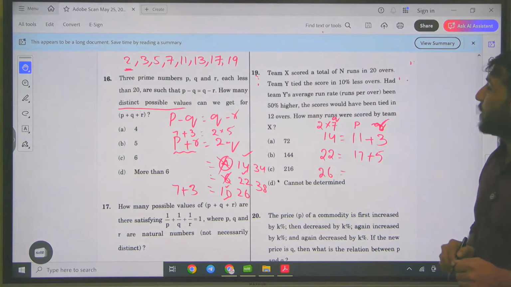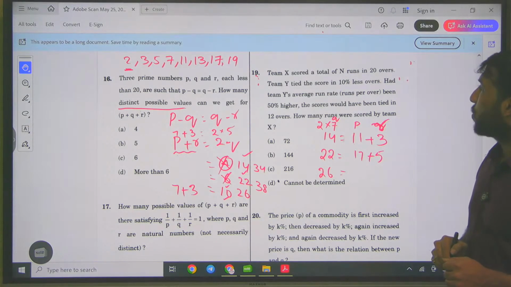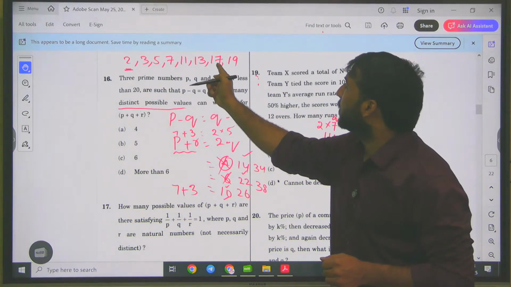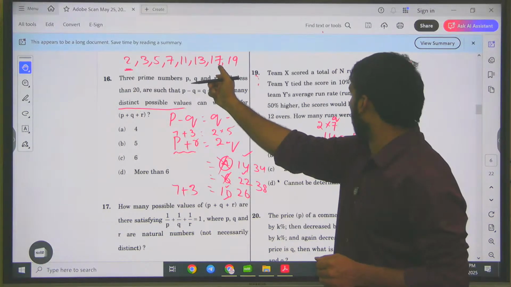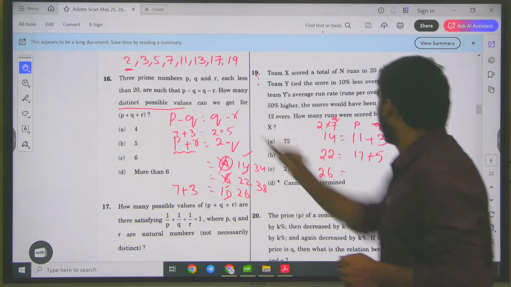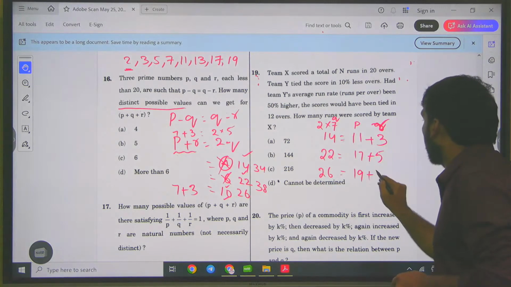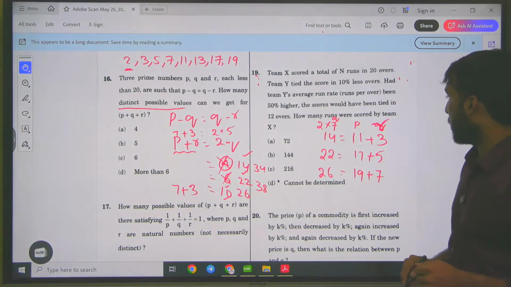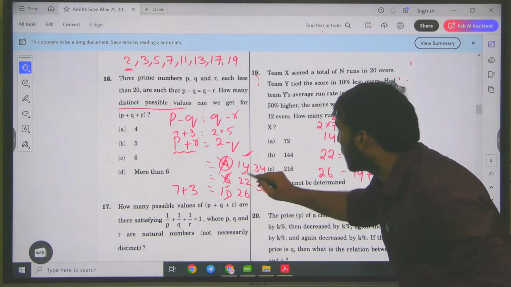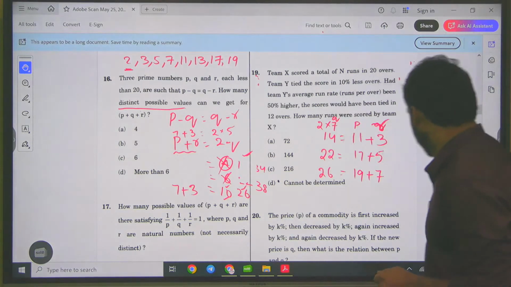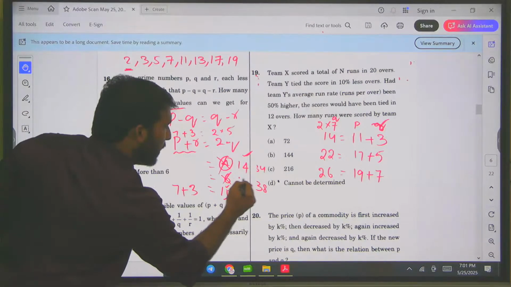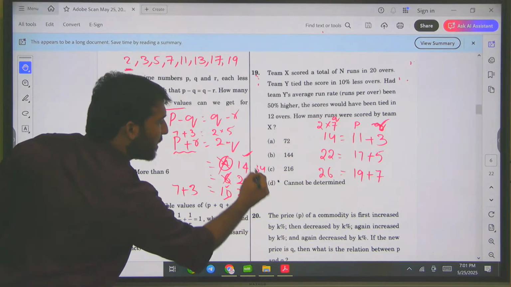Next, 26. What is the possibility to get 26? 17 plus 9, 9 is not prime, not possible. 19 plus 7 is 26. So till now I am getting 10, 14, 22, 26.